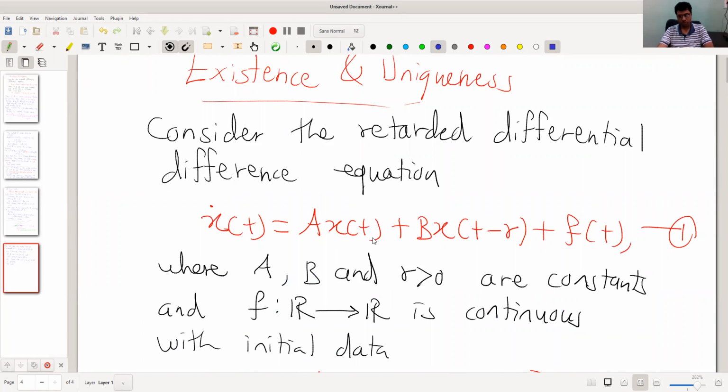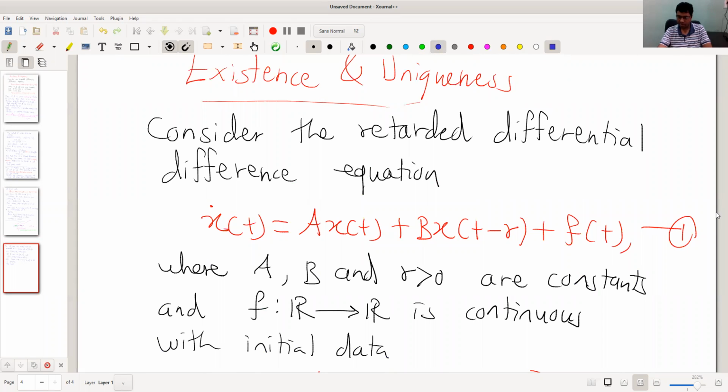We write this equation 1 as x of t minus r equal to 1 upon b into x dot of t minus a x of t minus f of t. Okay, we can divide by b because we are assuming b non-zero.